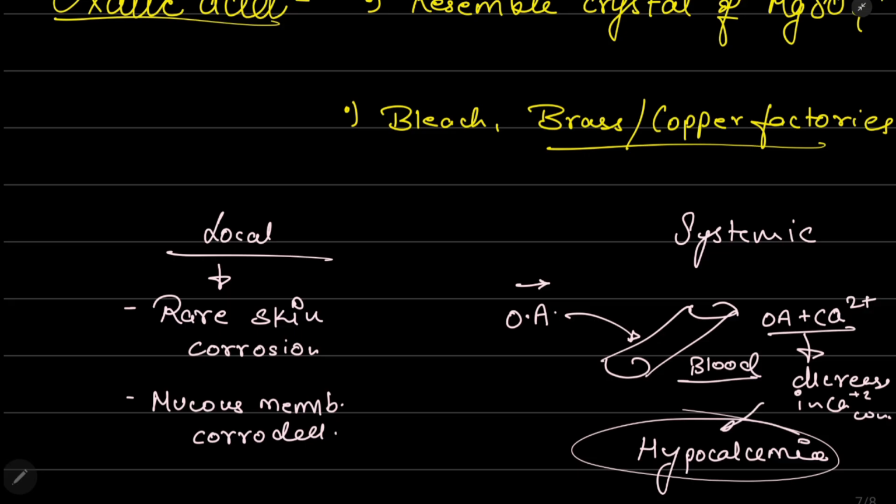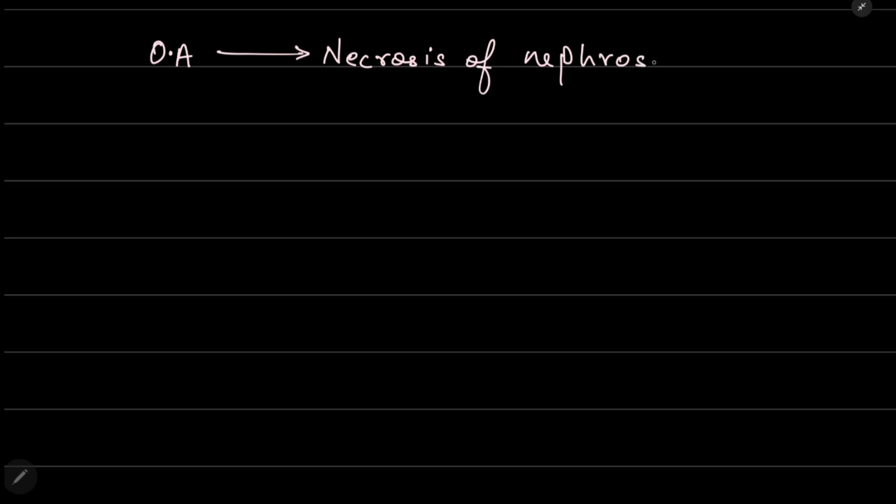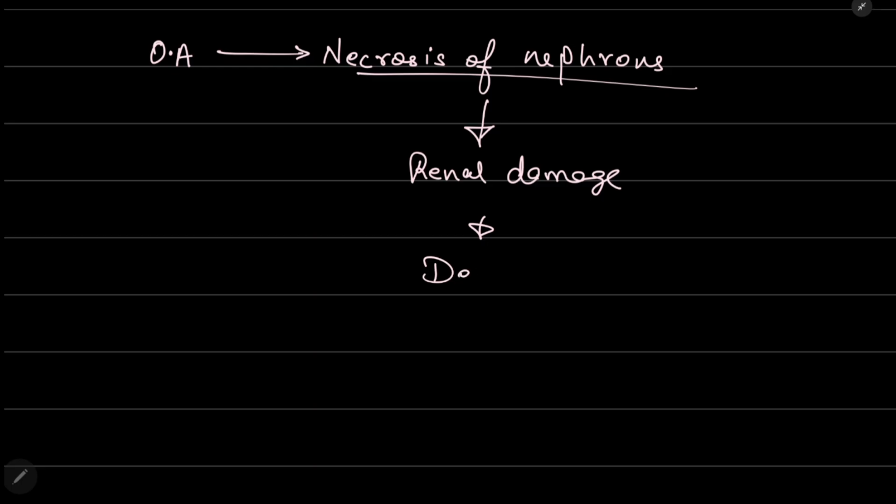This is one of the major causes of death due to oxalic acid. Oxalic acid also causes necrosis of the nephrons and hence renal damage, and from renal damage it causes death due to uremia.